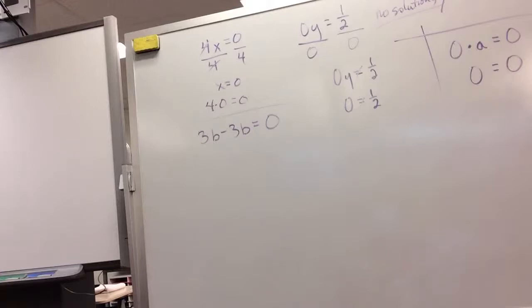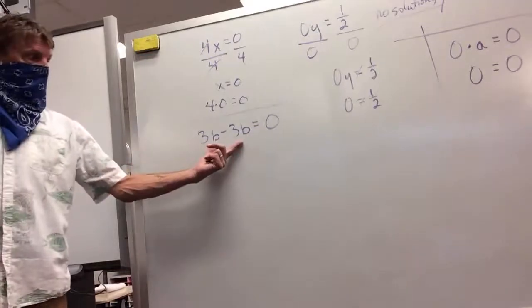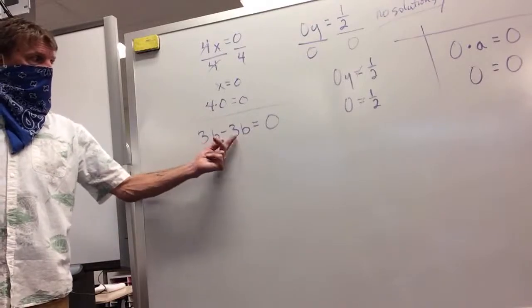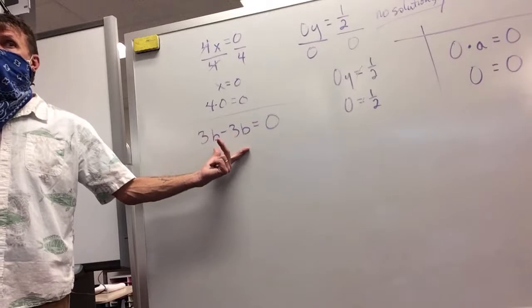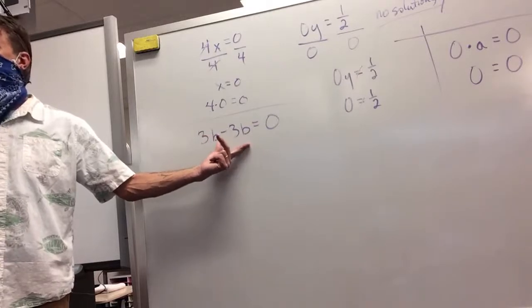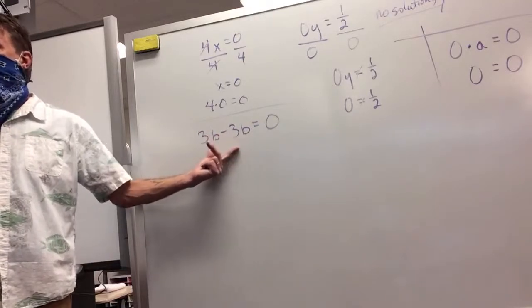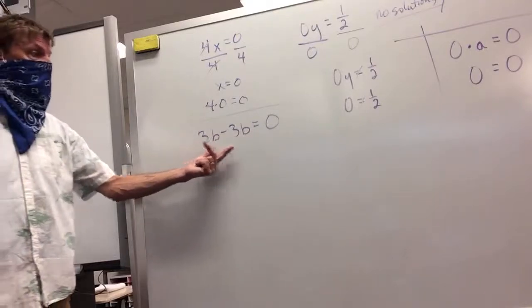Because b is the same, so if you subtract the same number from the same number, you get 0. If I take 3 times b and 3 times b, are those like terms? Yeah, they're both b to the first power. So can we subtract them? Yeah. What's 3b subtract 3b? Zero.